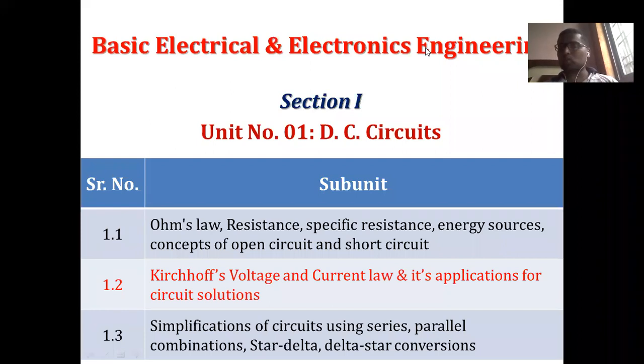So there are a total of two sections. The first section is on electrical engineering and the second section is on electronics engineering. And in every section, there are 4 units. It means that in section first, 4 units are there. Similarly, in section second, 4 units are there.